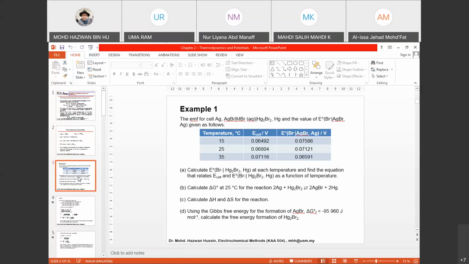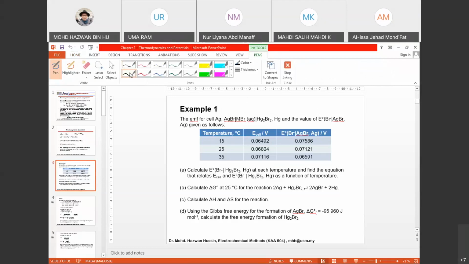So allow me to draw over here. For this experiment, you have a silver, Ag, and then another one, which is basically mercury, connected together in a solution.